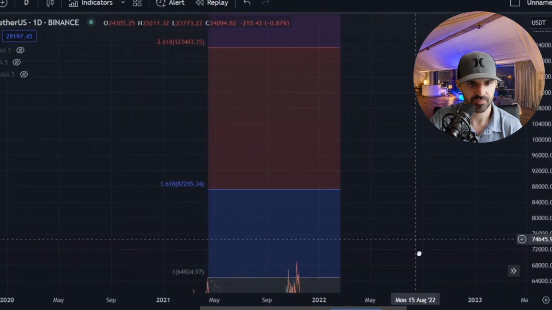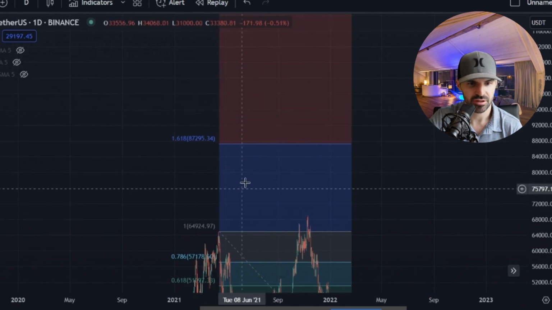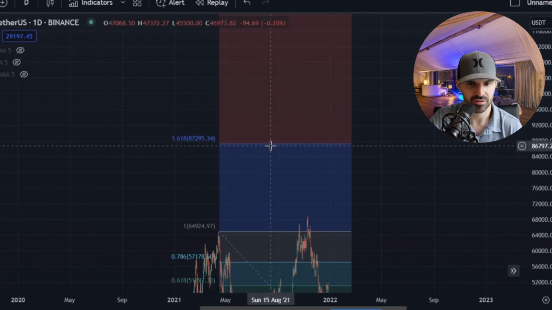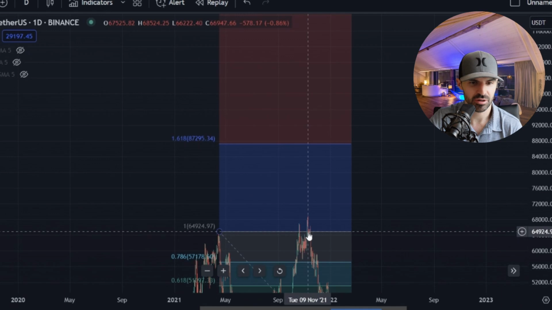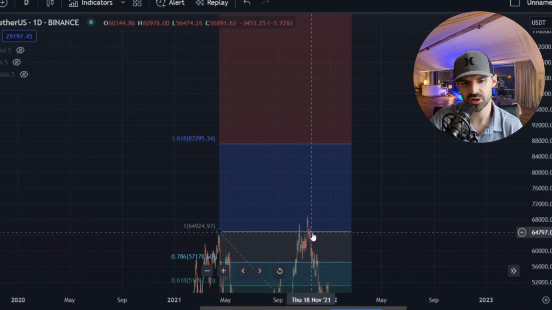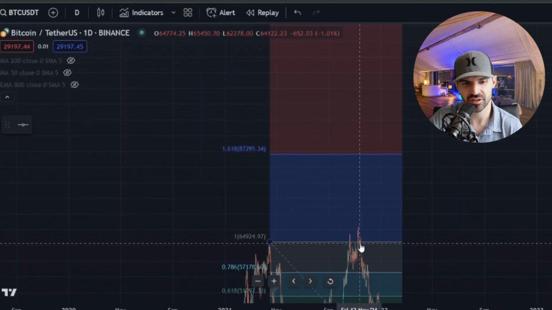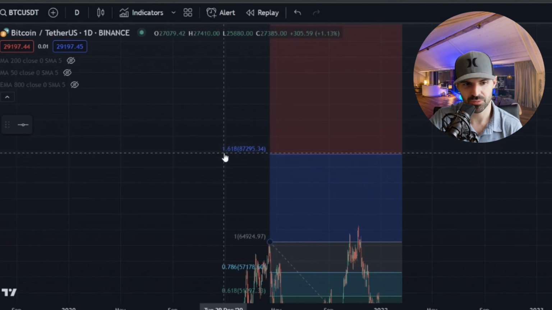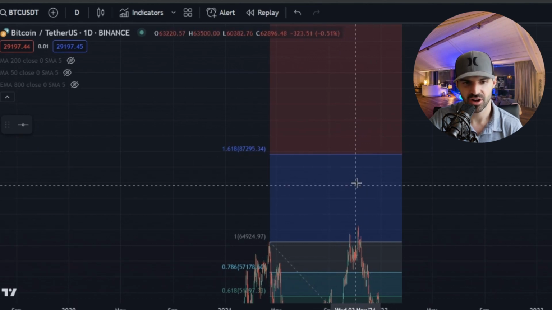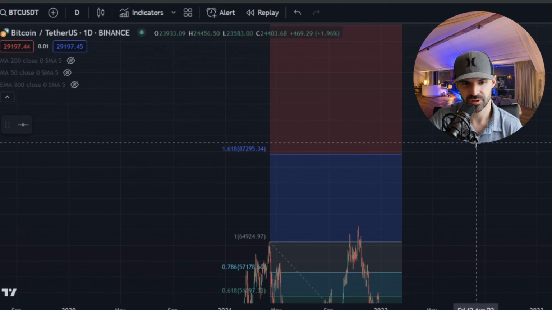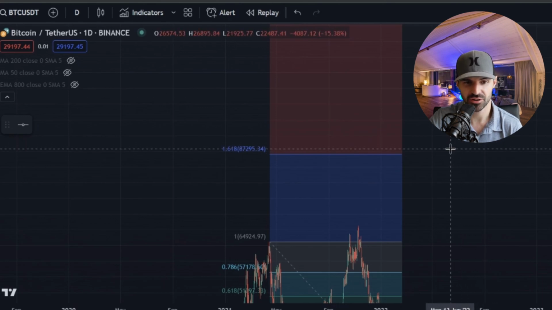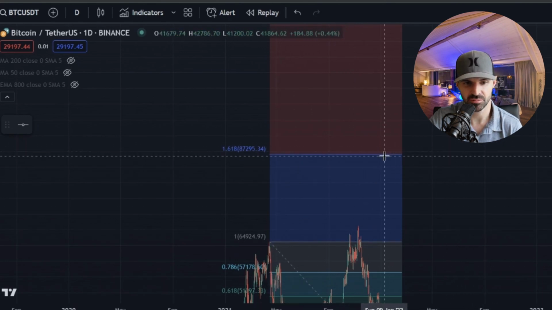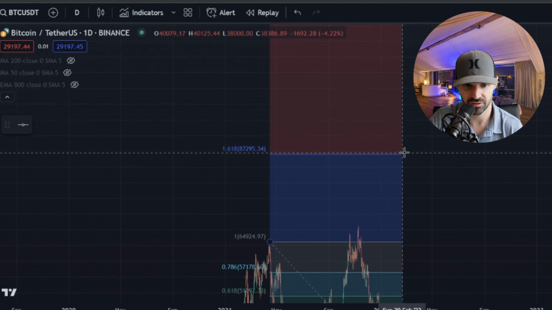So you can see these would be the next points of interest. If we were in price discovery mode, we could try to predict, if the price was to go higher, this would be the 1.618, and this would be another point of interest where maybe to take profits, or acknowledge that other traders will be looking at this as a point to sell and take profits.